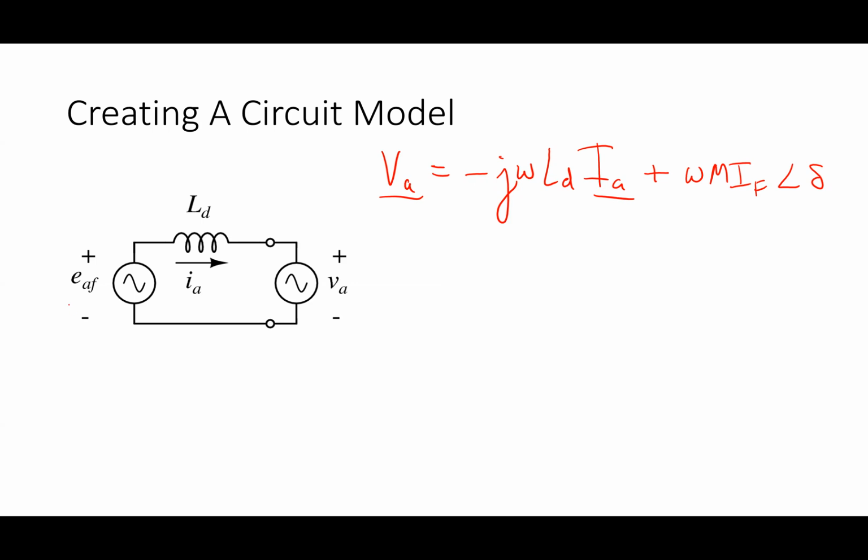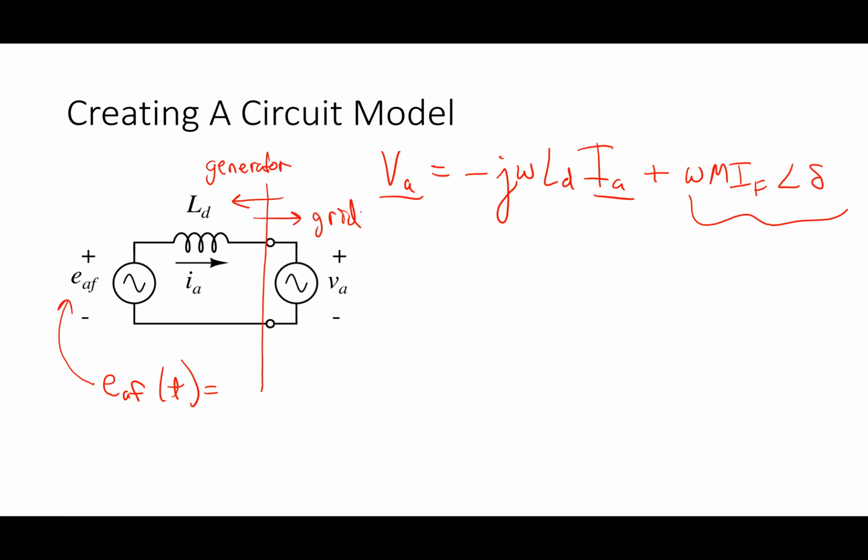So this guy here, E_AF of t, is represented by this phasor right there. If I draw a line right here, this is the generator. This is the grid. A KVL would give me the same relationship there.